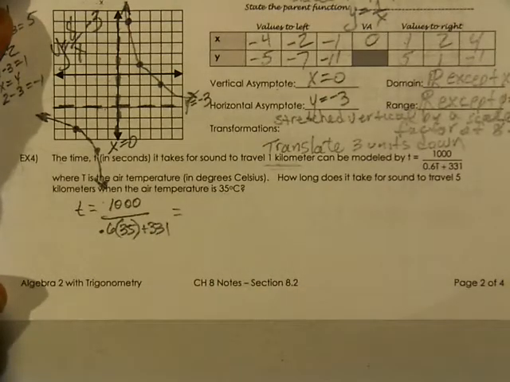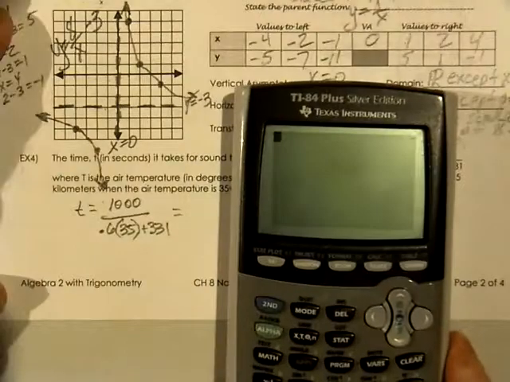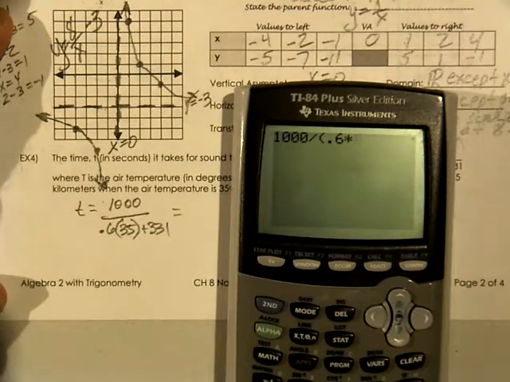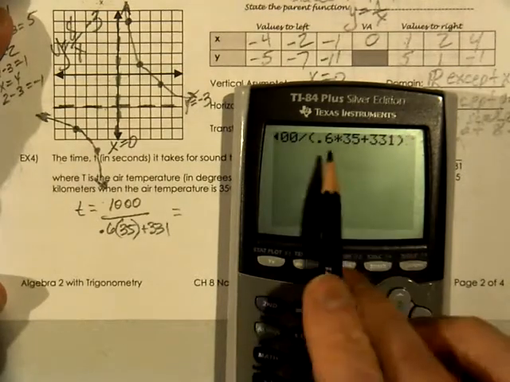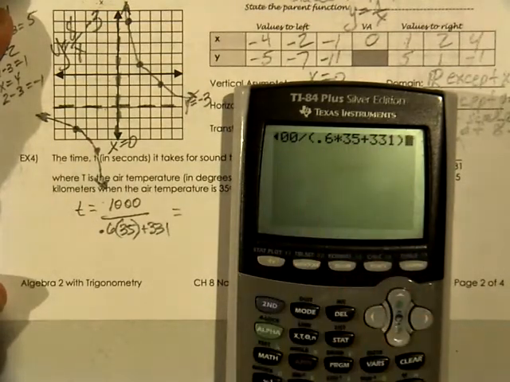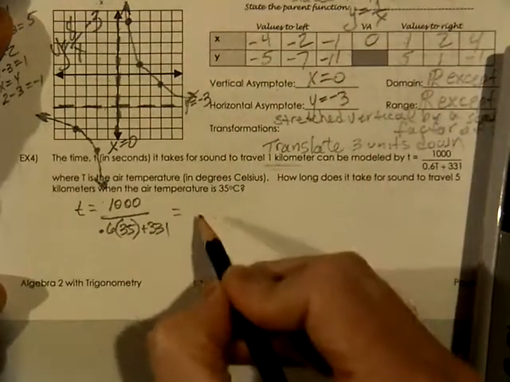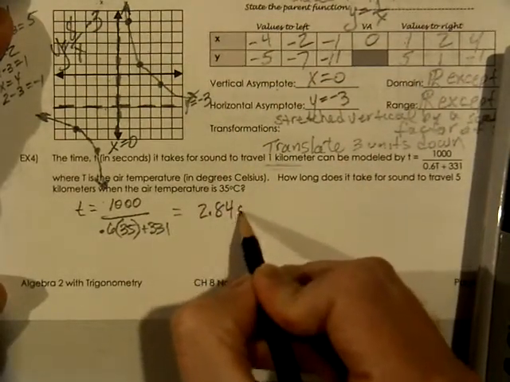When we calculate that out, we have 1,000 divided by, you've got to use parentheses for the denominator. So order of operations happens. All that goes into the denominator. It's a binomial. And we get 2.84 seconds.